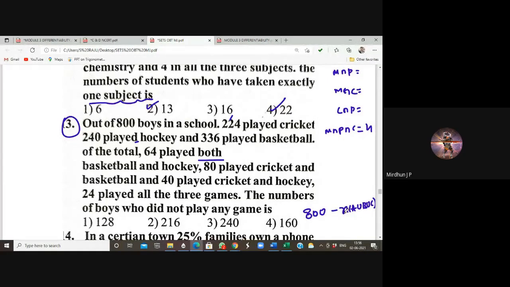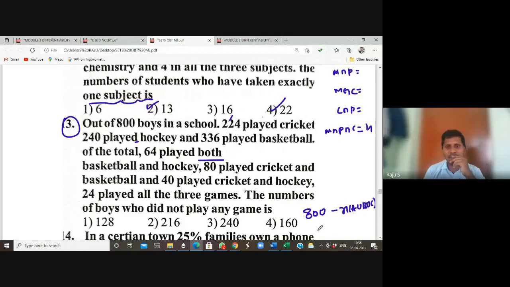So the answer is the fourth option. According to the given data, you have to first find n of A union B union C, that is M union P union C. What value did you get? 640.